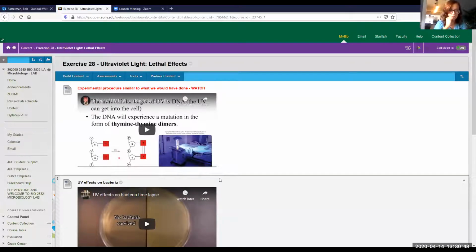I would like you to reference the exercise in the lab book, read over the information presented on pages 201 and 202, and be familiar with the basic procedure and materials and methods that we would have used had we met. It's very straightforward and not difficult to understand, but take some time and read through those materials and methods.